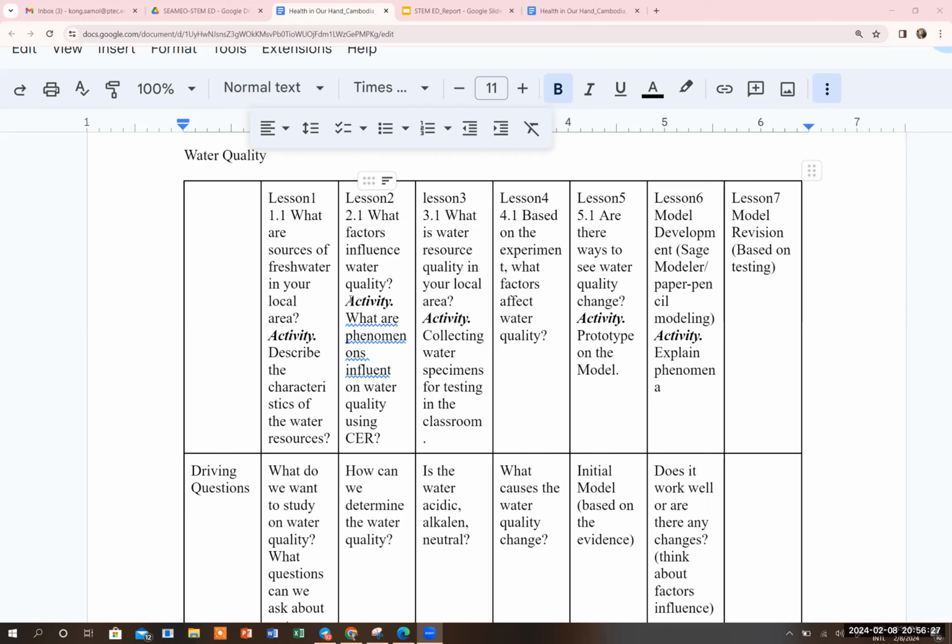And lesson 7, we are going to revise the models based on lesson 6. So this is going to be time for a student to explain to their class or the teachers the modeling, along with the factors that influence water quality.